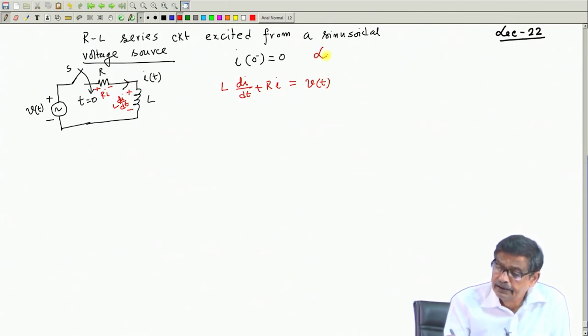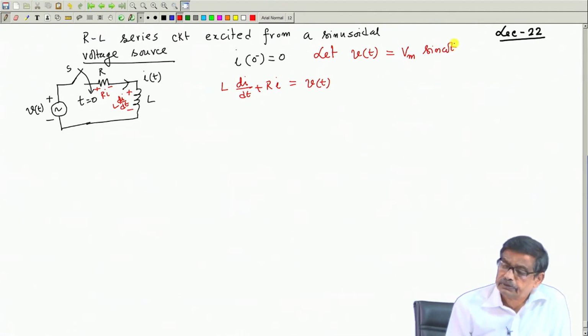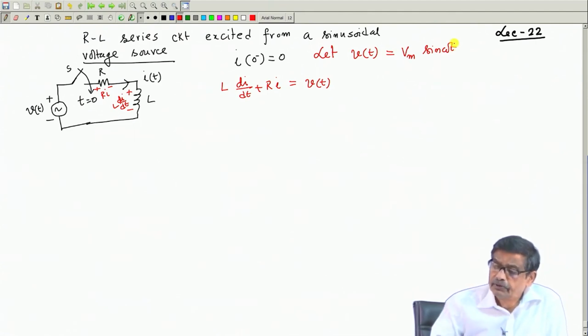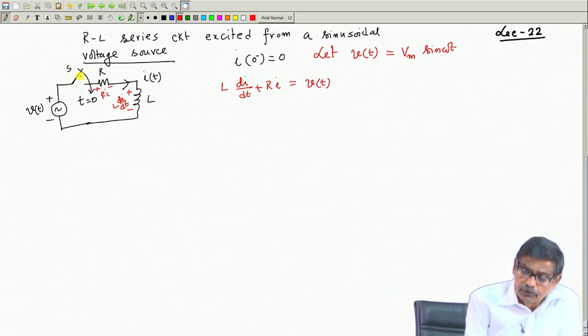Now, let V t, the applied voltage, be V max into sin omega t, suppose. So, the applied voltage is sin omega t. That means, I have closed this switch.